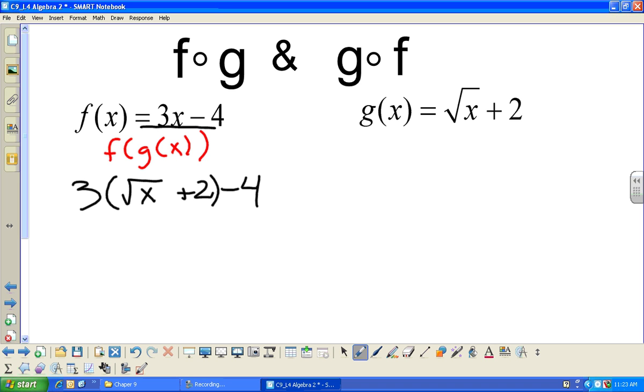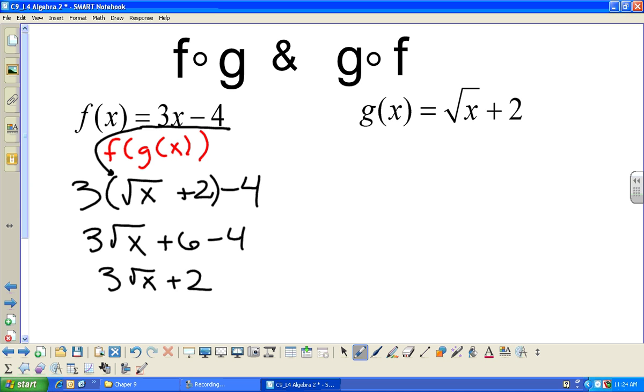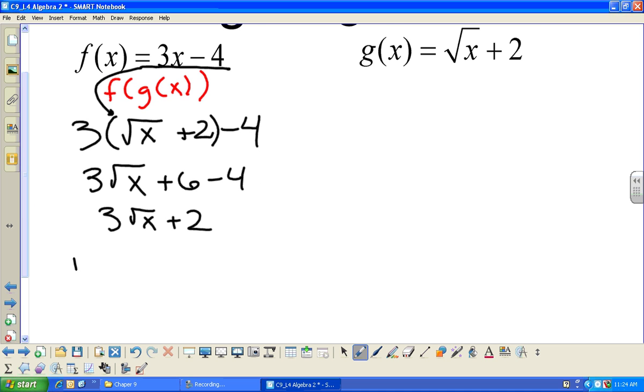So the only difference from this equation to this one is that instead of writing x, I write the whole function of g. So I distribute my 3 in. And I simplify. And I want to find my domain.